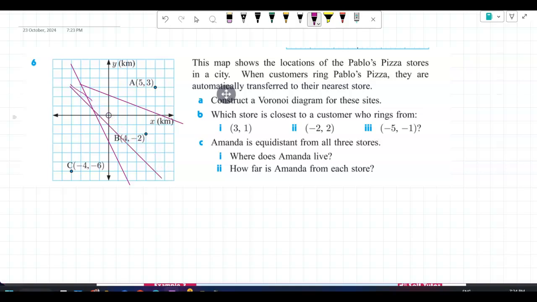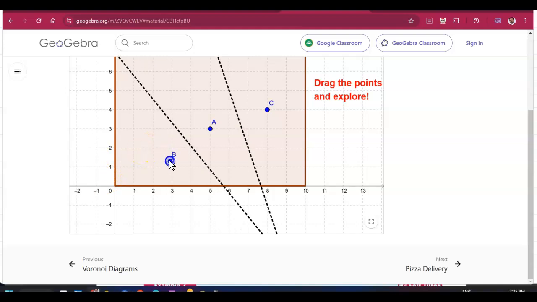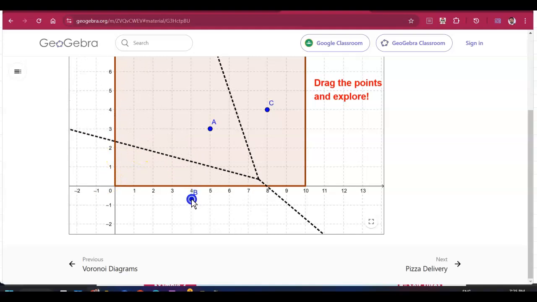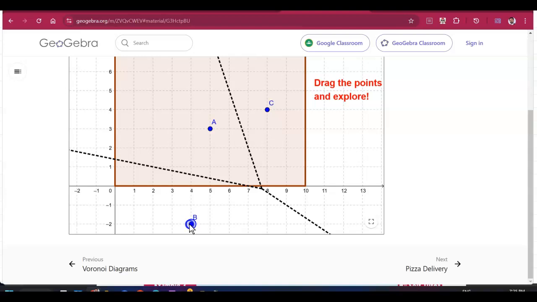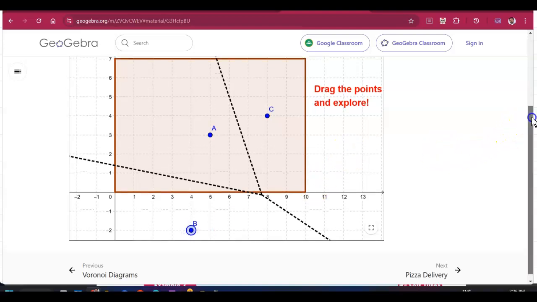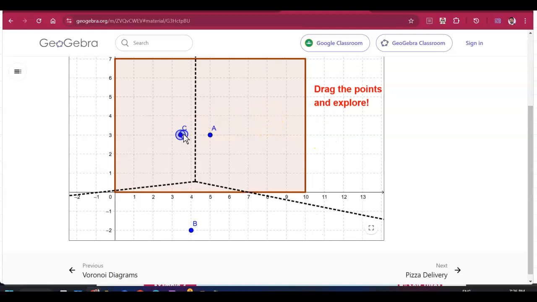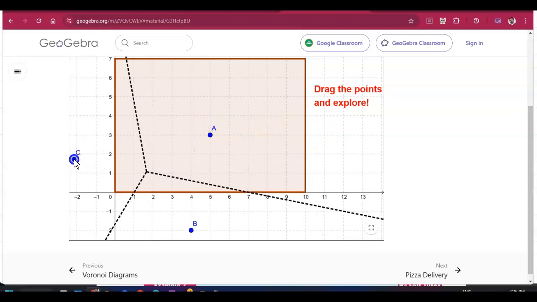Probably like this, I think so. It's very difficult to draw. Let's see if it's 4, minus 2. Minus 4, minus 6. Oh god.